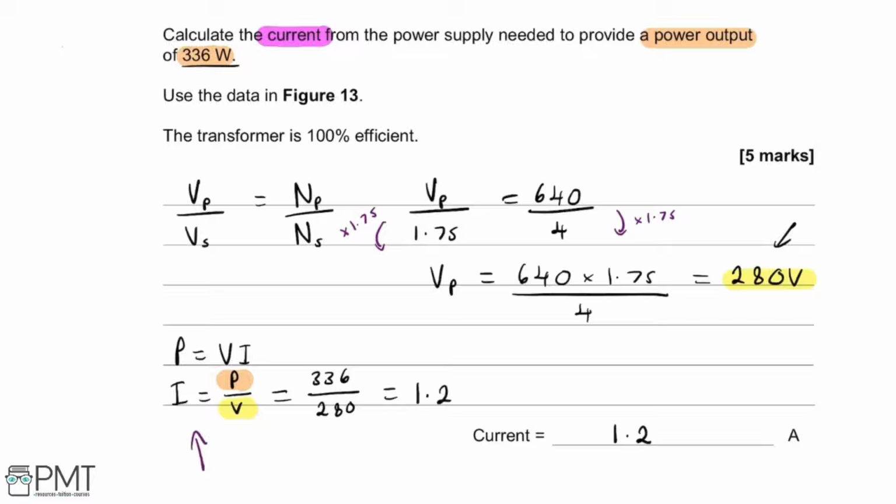That's the point of a transformer. The other important bit of information, which I only mentioned once at the start of the question, is that the transformer is 100% efficient. The only reason that's important is because we know that all of the power that's put into the primary coil will end up in the secondary coil, and so we don't have to factor any wasted power or wasted energy into our calculations. And that is how you would do that question.